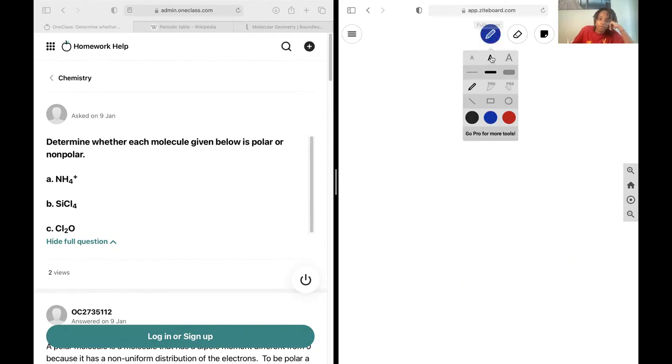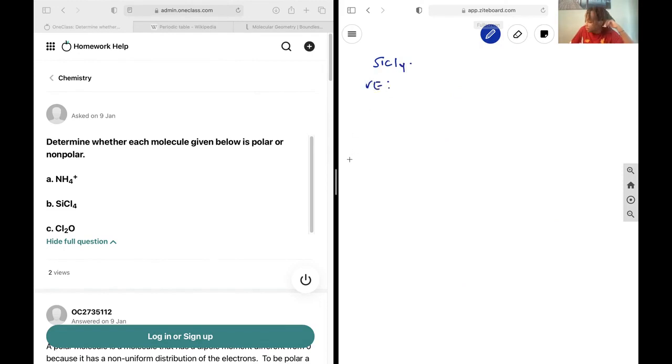On to the next one. Let's count our valence electrons. And so we are going to have 4 plus 4 by 7. And that is going to give us a total number of 32 electrons. And so let's put silicon as the middle because it can make the most bonds, and the 4 chlorines.